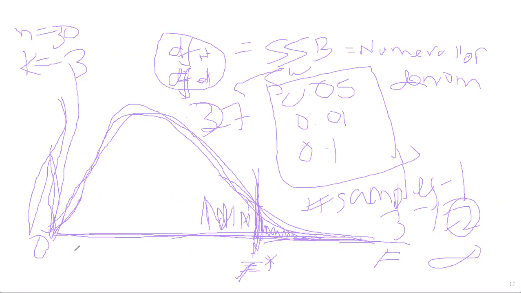It's just testing if the means of your three samples are equal, which doesn't really tell you which pair are not equal to each other. That's what it says, but you don't know which pair are not equal.